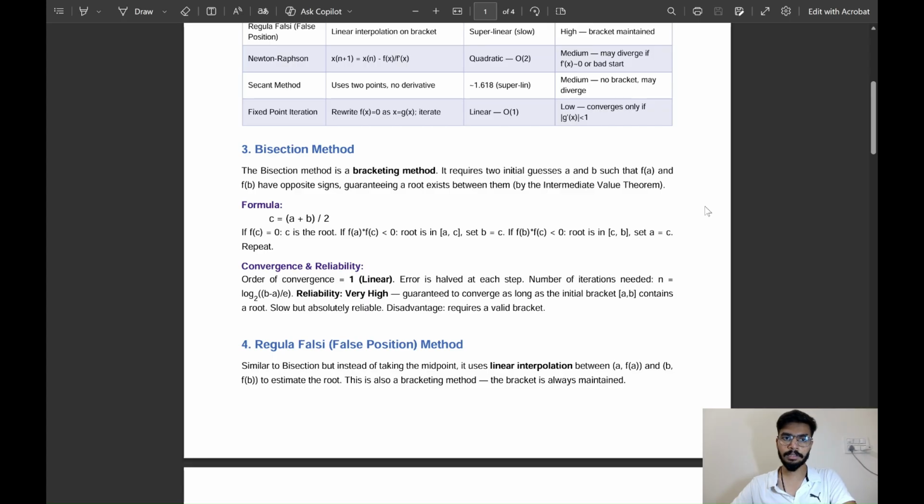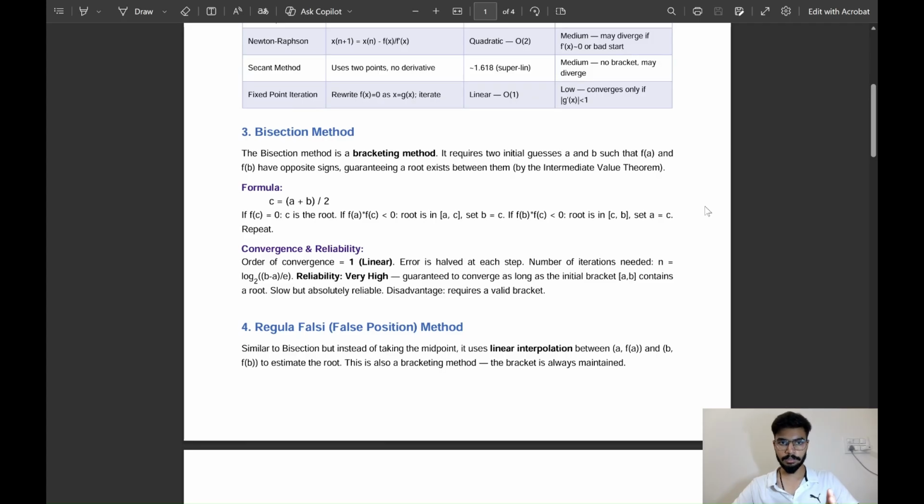If you have an equation, you find f(a) and f(b), one positive and one negative, and by that your root will be between them only. By the formula c = (a + b)/2, you average the endpoints and come closer to the root.